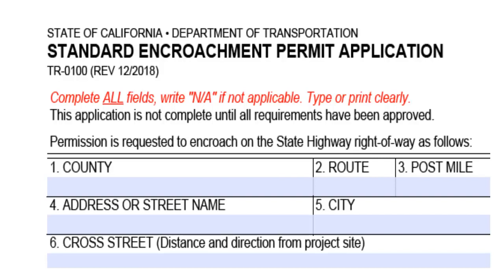County, route, and post mile are the three pieces of information we use to determine locations on the state highway system.